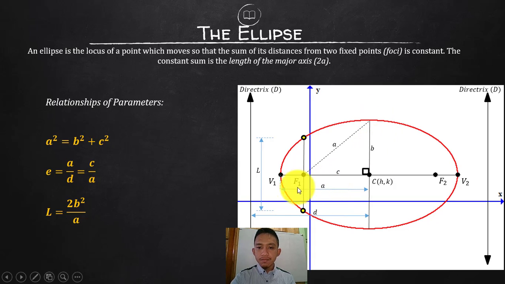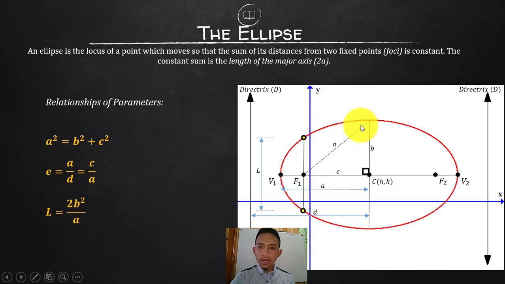But at the same time, this will only be true for an ellipse: that distance A is the same distance if I connect this focus to that endpoint of your minor axis.